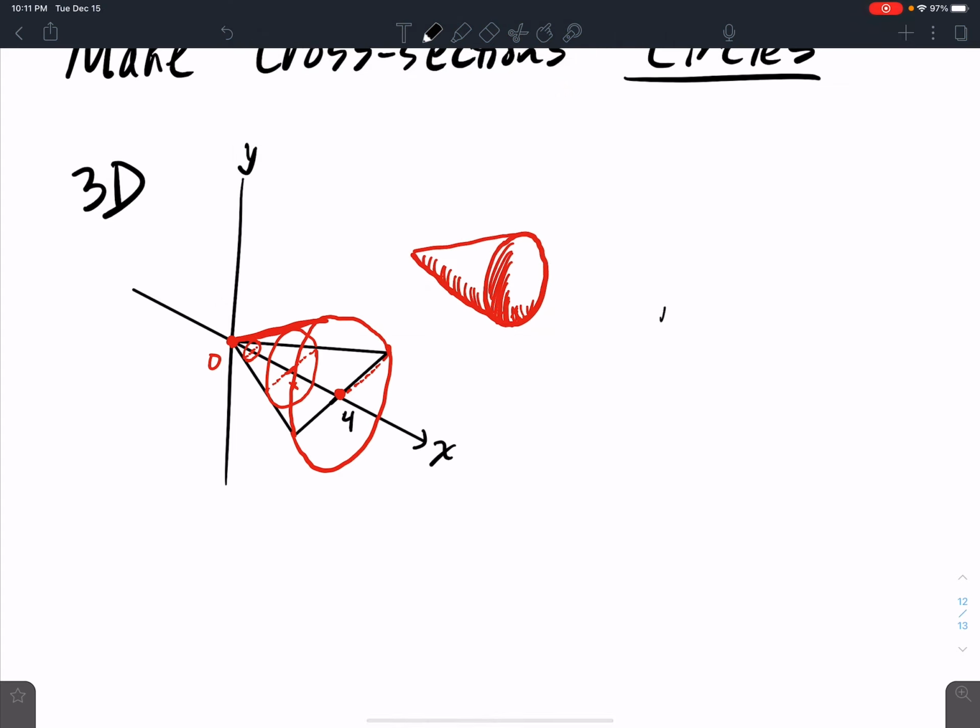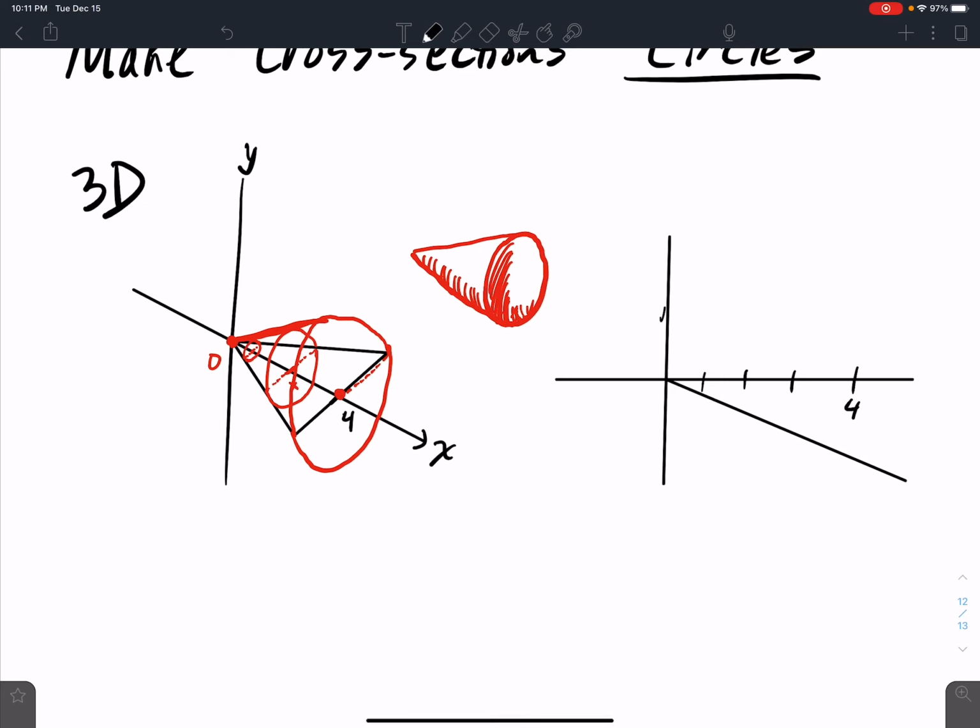So let's draw the 2D scenario going on here. Once again, we 1, 2, 3, 4. We go out to 4, and then we've got our line. Our line comes down and our line goes up. I think this was the y equals x over 4, and this was the y equals negative x over 4.